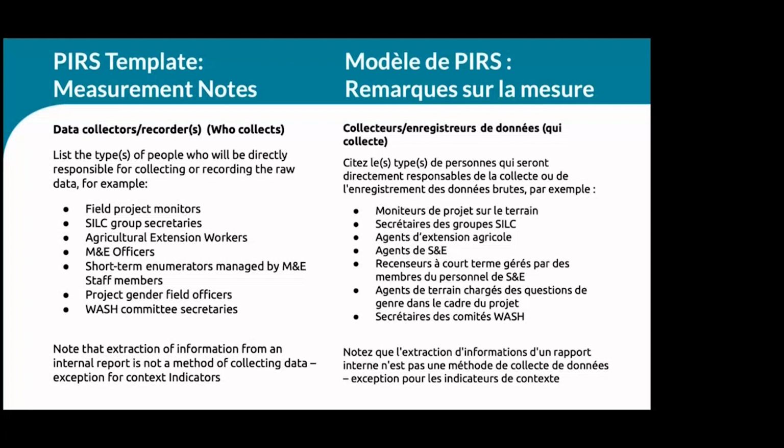And for data collectors or recorders, these are the lists of people who might be directly responsible for collecting or recording the data. For example, your field project monitors, agricultural extension workers, M&E officers, or other staff members.